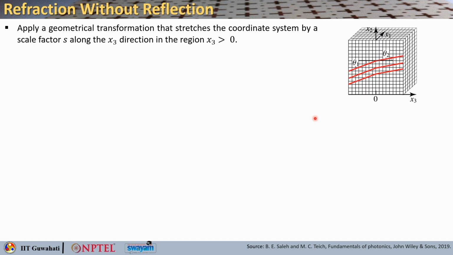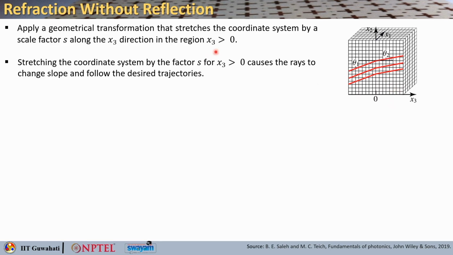Now, you apply a geometrical transformation where you stretch the coordinate system by a scale factor s along the x3 direction, for the positive half of x3, that is x3 greater than 0.